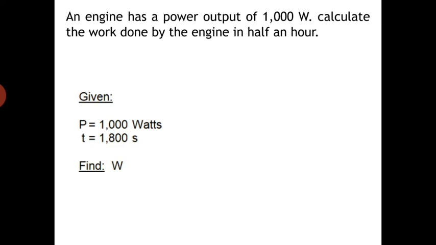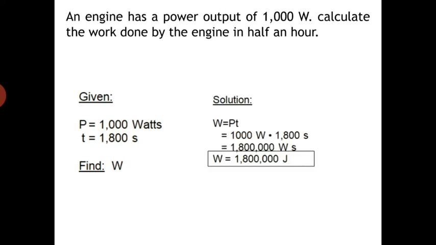And we are looking for the work done here. Using the formula for power, if we manipulate it, we will get W is equal to P times T. Substitute the values. Our power is 1000 watts and our time is 1800 seconds. And then the final answer is 1,800,000 joules of work. So that's it.